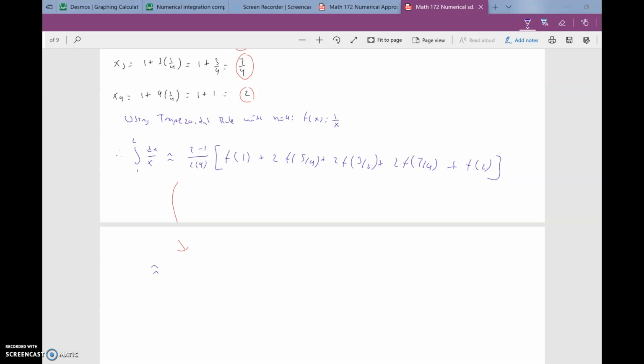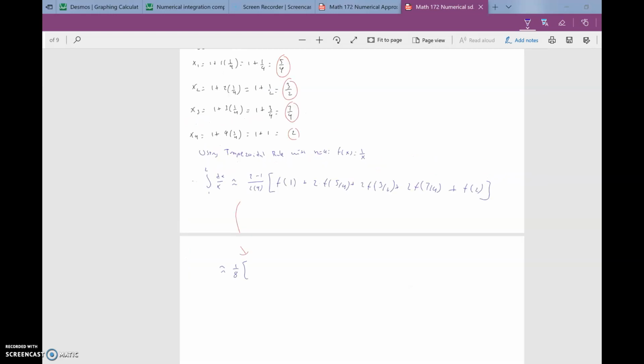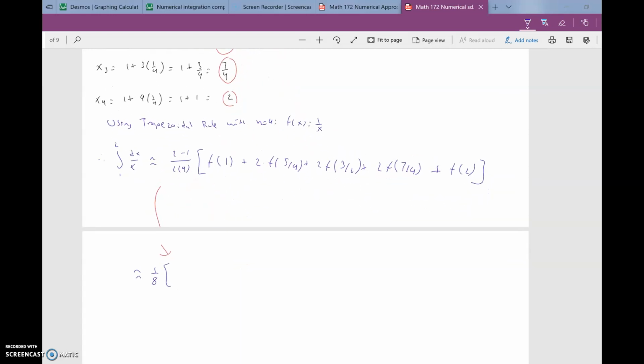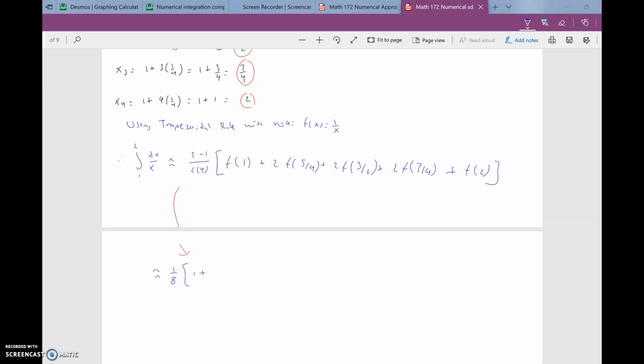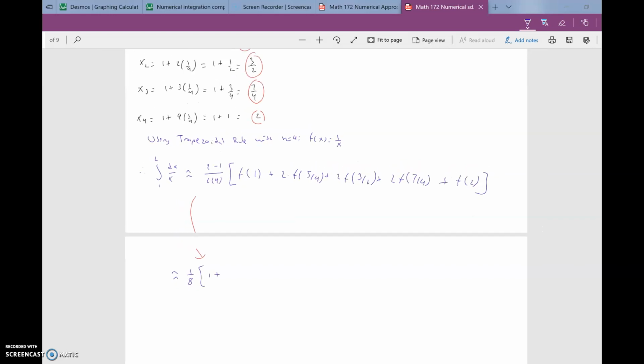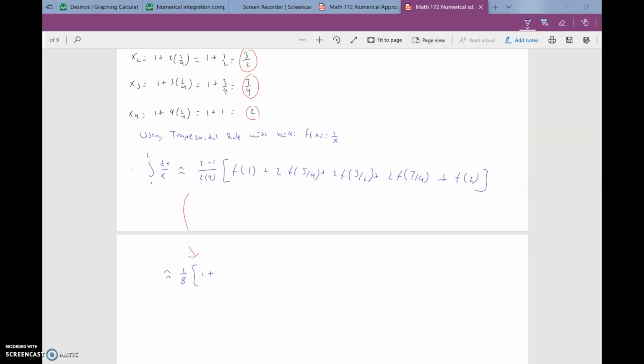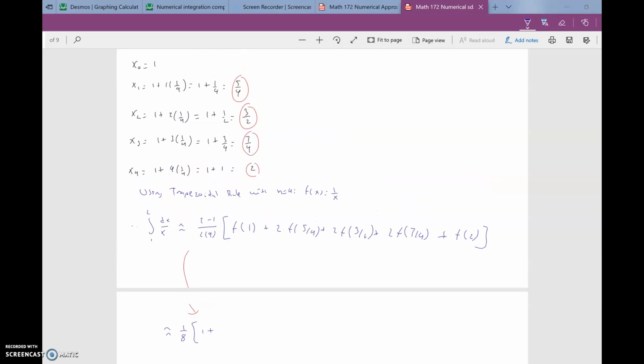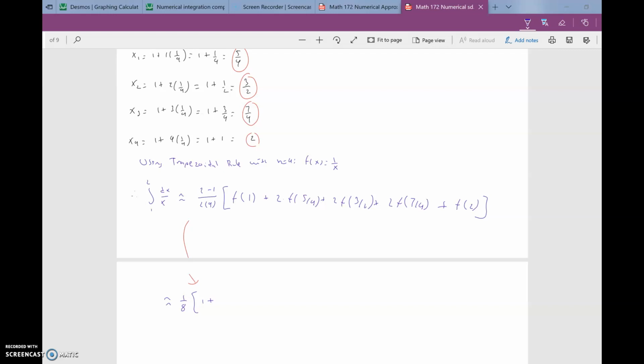So that's going to be 1/8 times, and then f of 1, it's just 1 over x, so you're going to get a 1 plus, technically 2 times f of 5/4. So the next one is going to be 5/4.